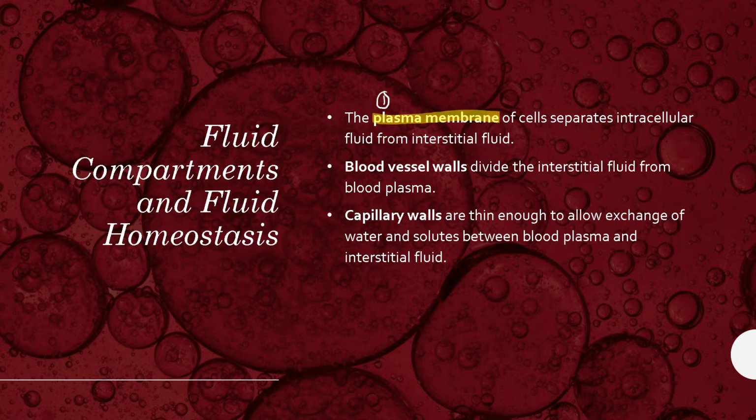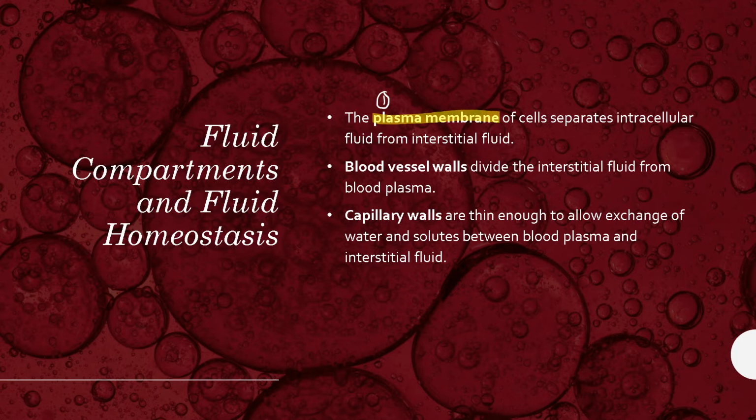Now, we learned in chapter 3 that the plasma membrane is a selectively permeable barrier. What that means, remember, is that it allows some substances to cross, but it blocks the movement of other substances. In addition, active transport pumps work continuously to maintain different concentrations of certain ions in the cytosol versus the interstitial fluid.